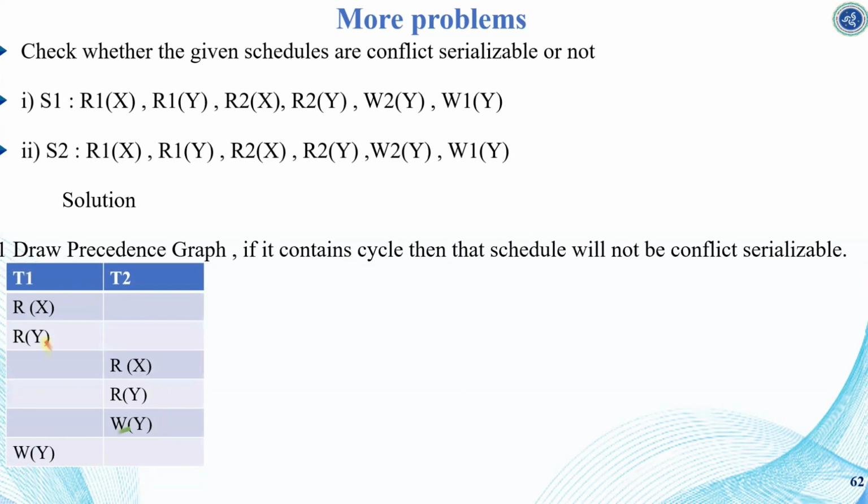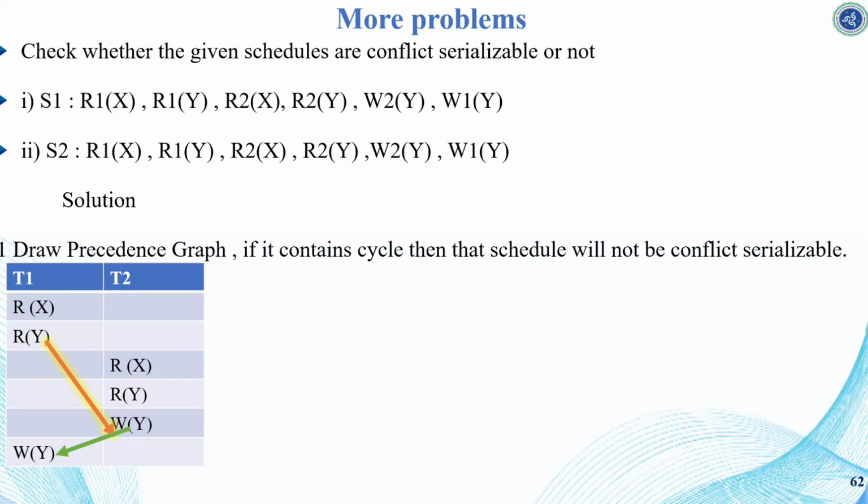So this is how the schedule will be looking like. Now we need to find the conflict. Okay. So conflict is read of y, and this is write of y. Again, the next conflict is write of y, write of y. So these are the conflicts in S1.